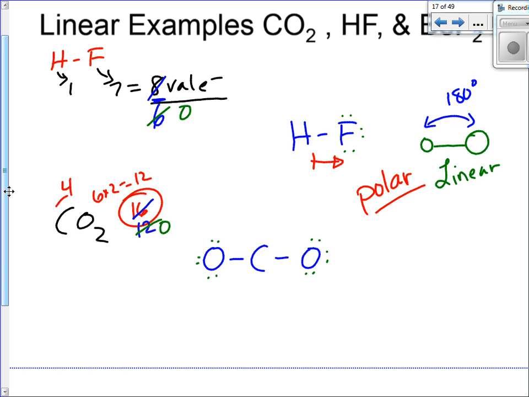Carbon's not happy. So what we do is we take off one of the pairs and we double bond it. It's called a coordinate covalent bond. So I'm erasing that one pair and double bonding it. It doesn't matter which one you take off either. Okay. And I would need to double bond the other side.